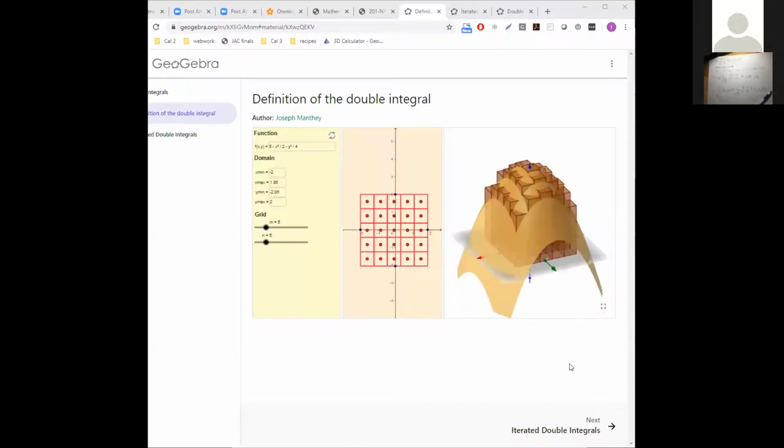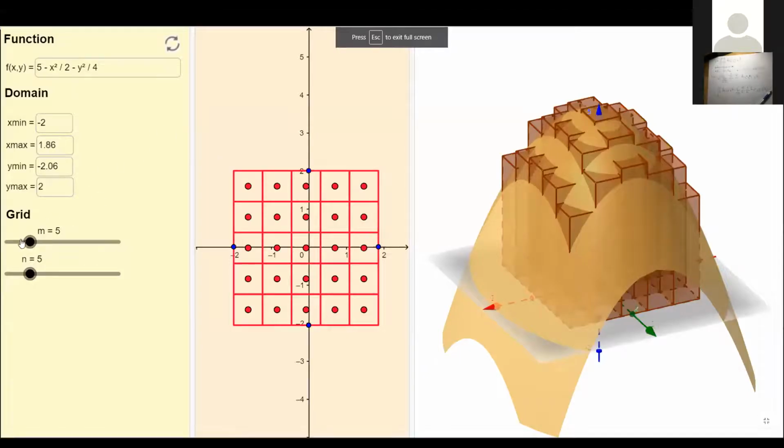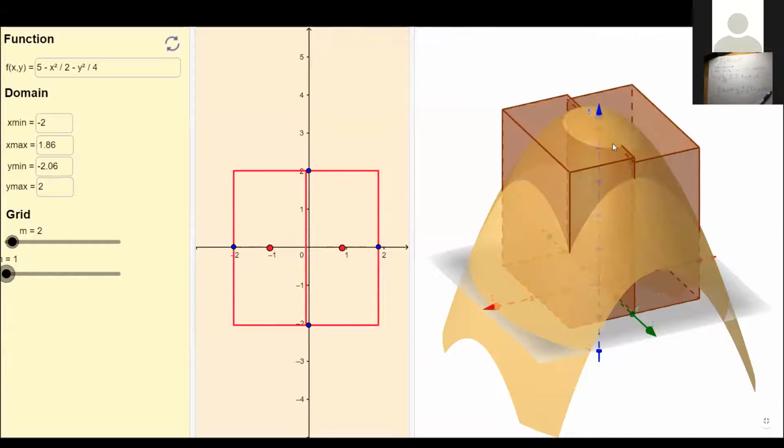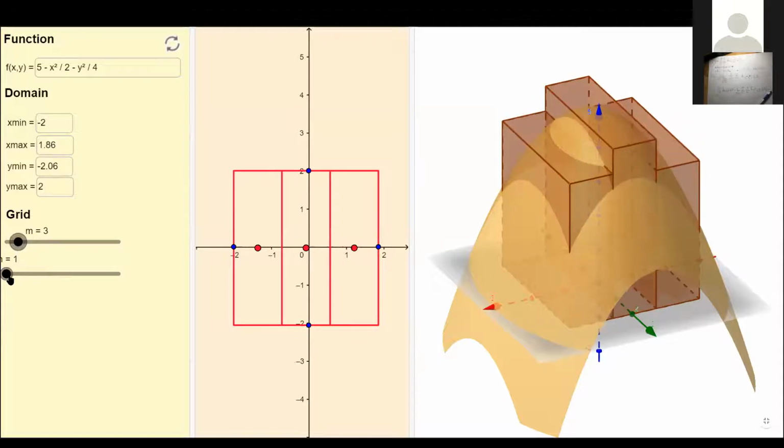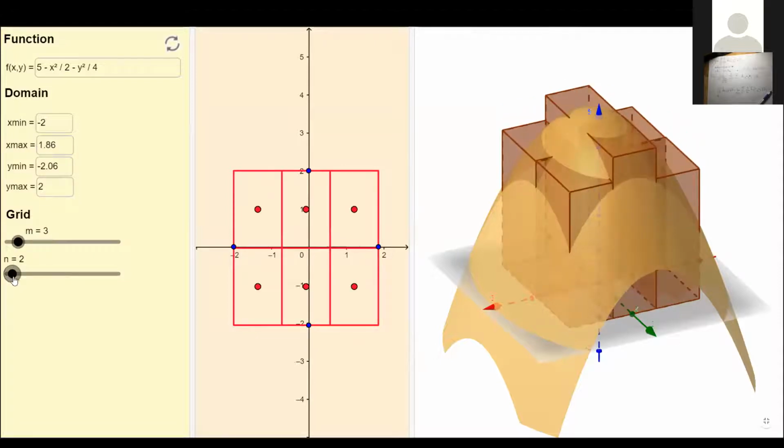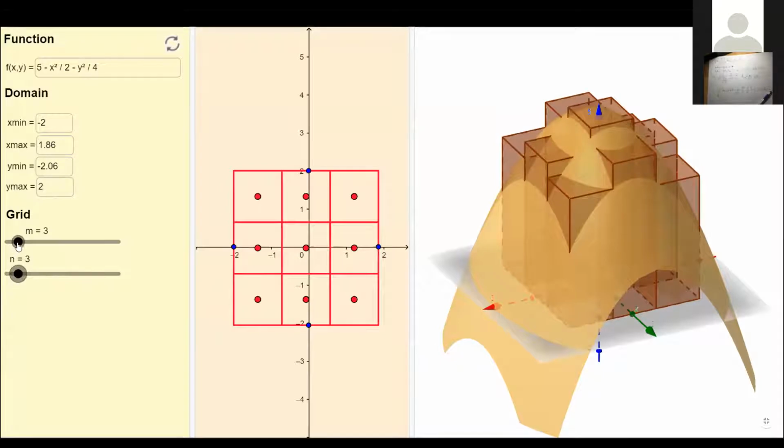Okay, so I have this surface here, and I can change the subintervals along the x and the y-axis.